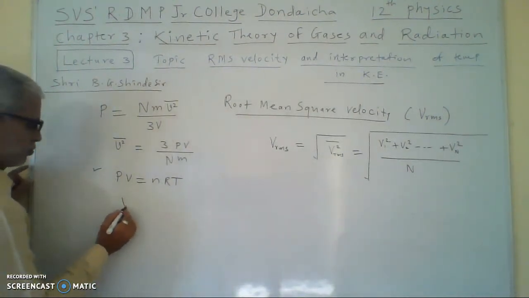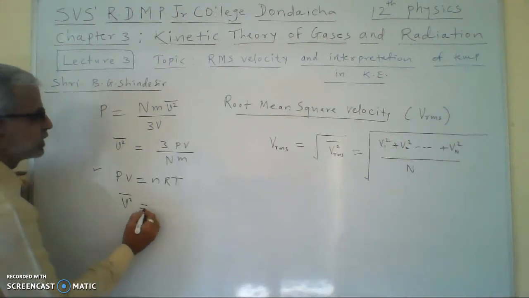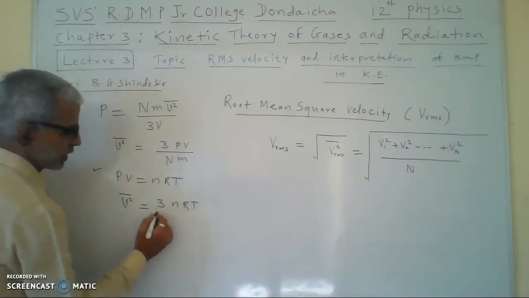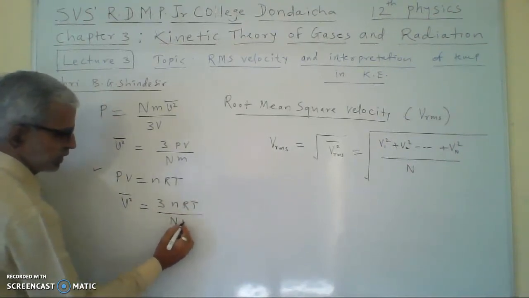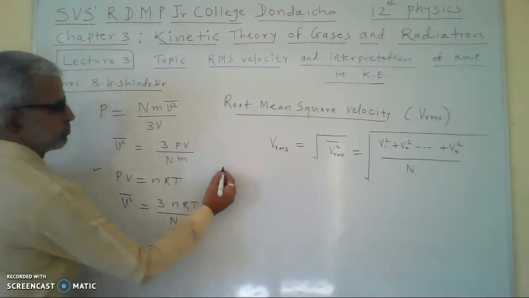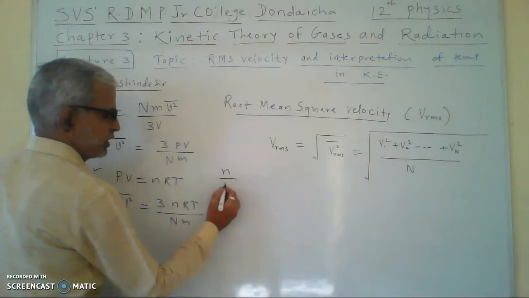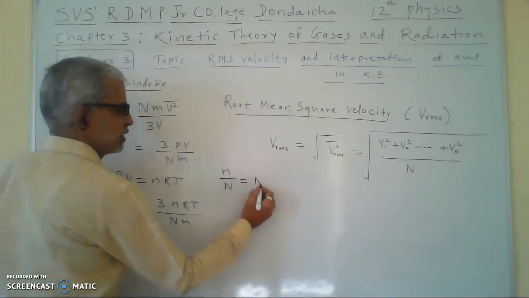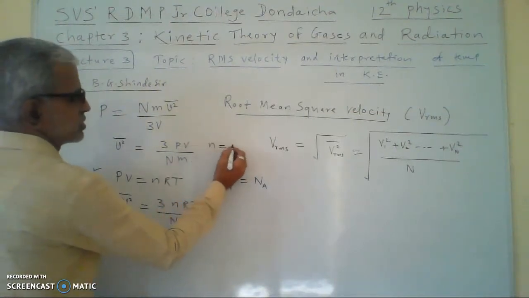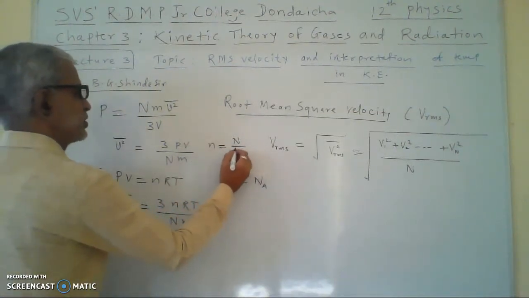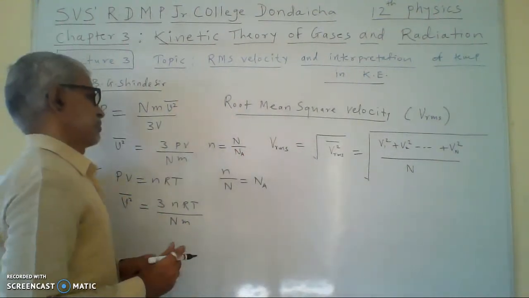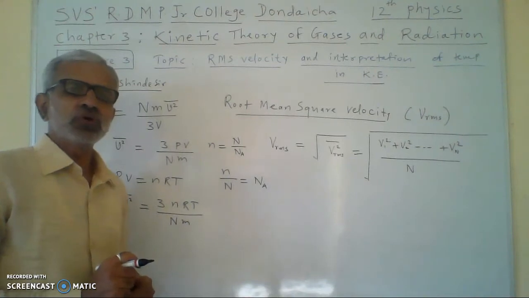So v square bar is equal to 3nRT upon N into m. Now here N upon n is equal to Na, because number of moles is equal to number of molecules divided by Na. Na means the number of molecules in 1 mole of the gas.